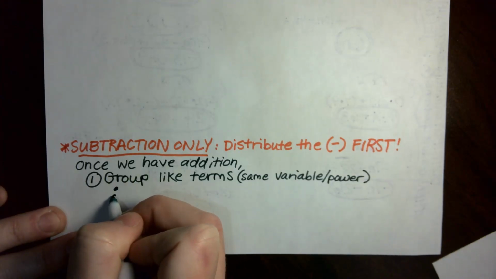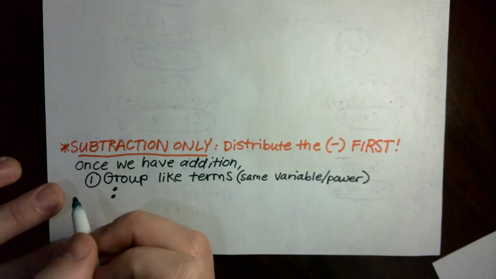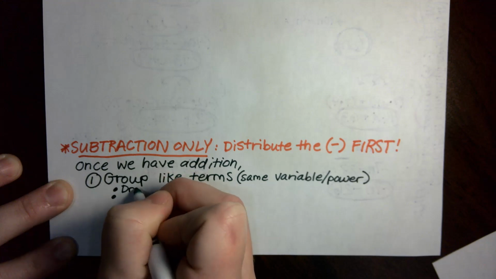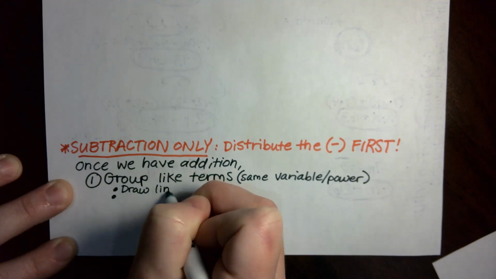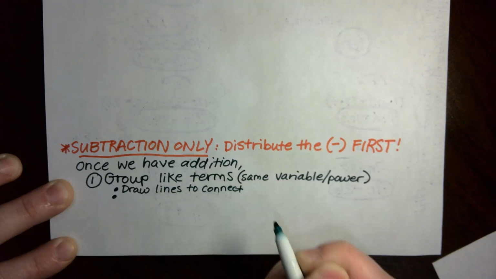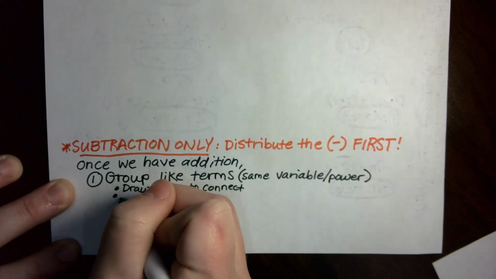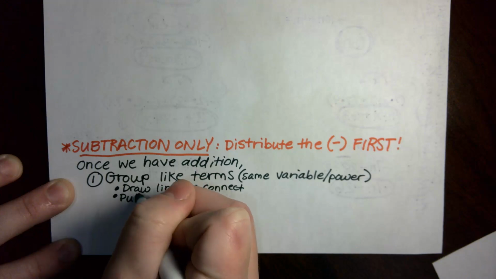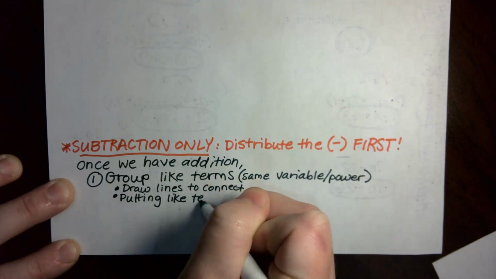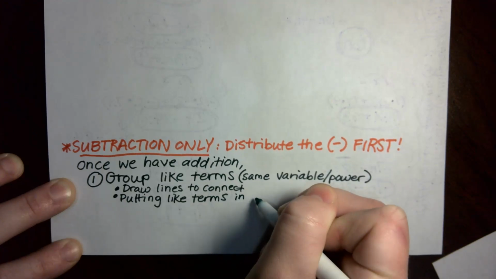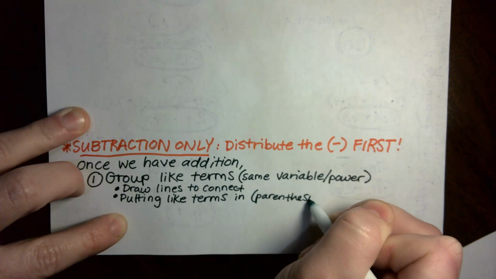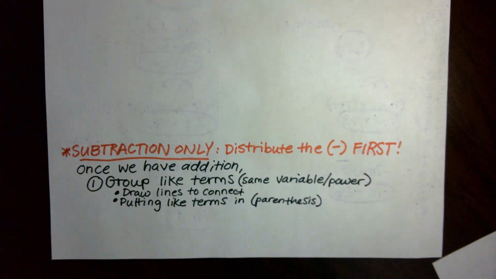So some little small points for this is when you're grouping your terms, that's when you're like drawing lines to connect them. That could be when you're putting your terms in parentheses too. Okay.